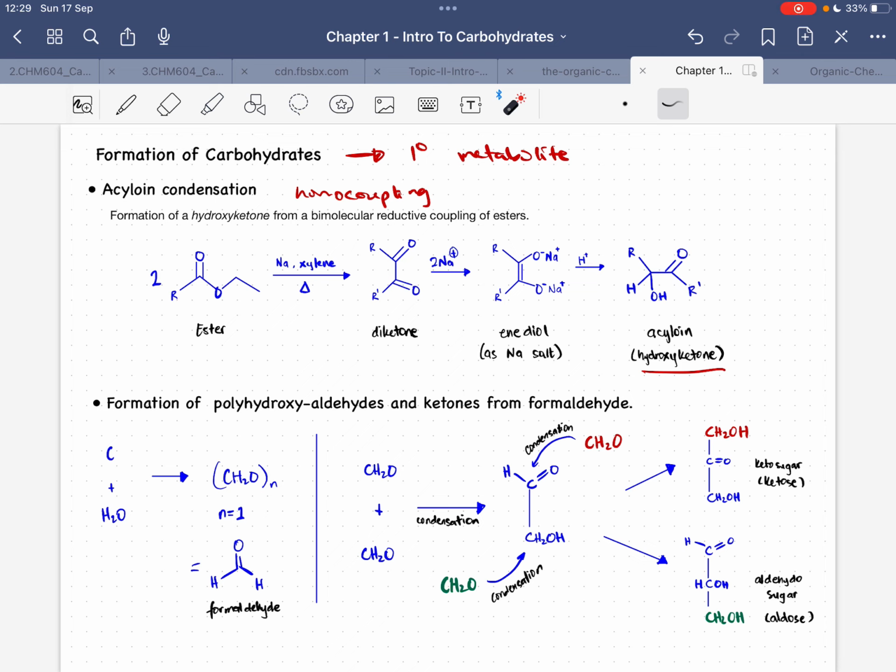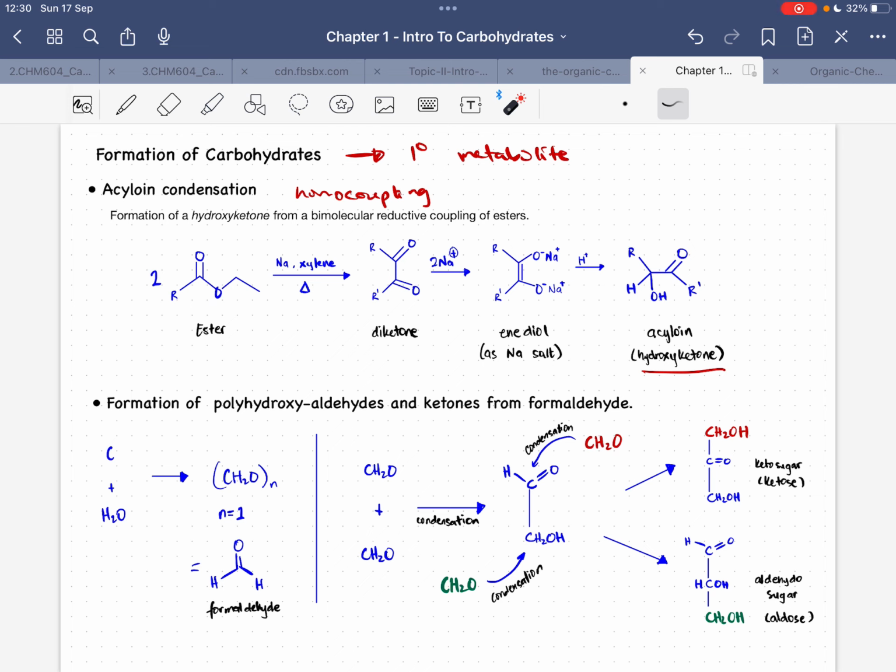So in nature, the formation of sugar starts from carbon and water. Carbon and water undergo enzymatic processes and become a formaldehyde-like unit, CH2O, that becomes (CH2O)n, meaning if n is 1, it is just one formaldehyde unit; it can be 2, 3, and so on.